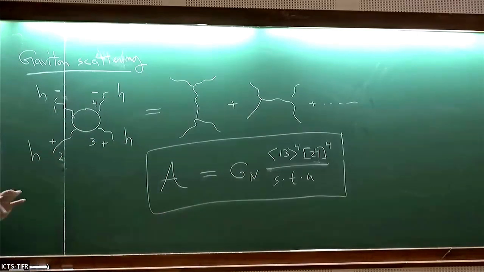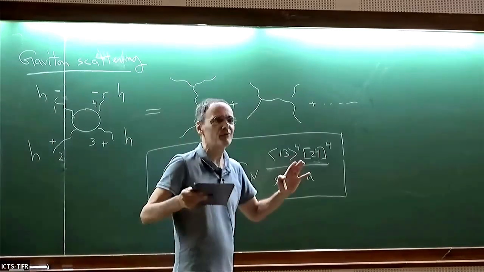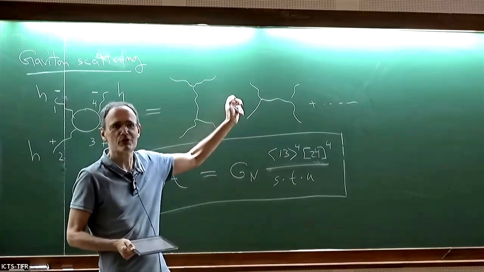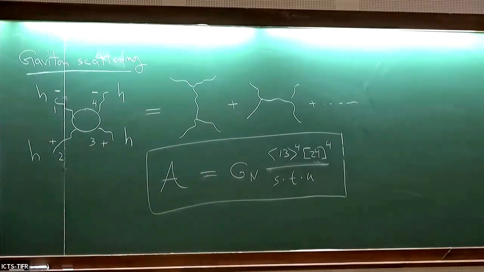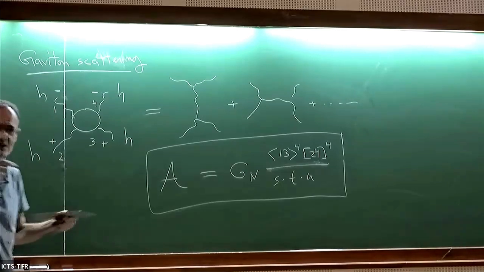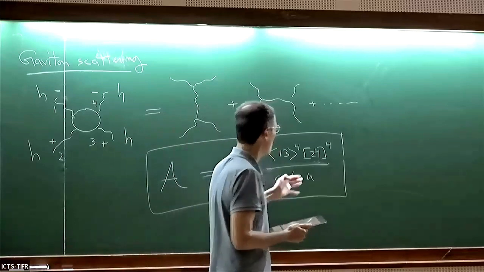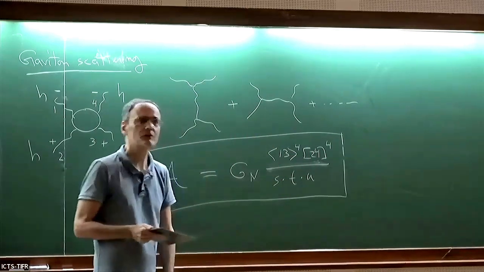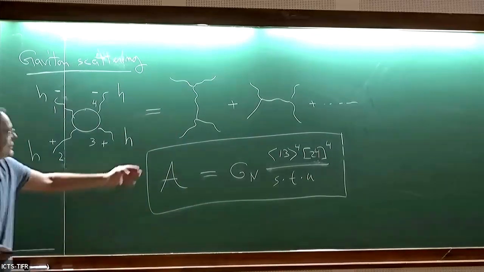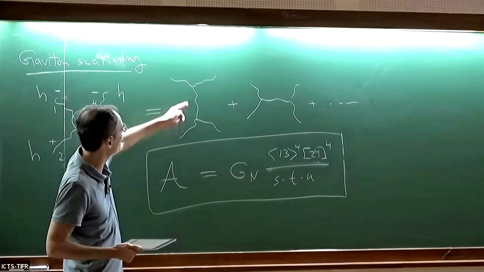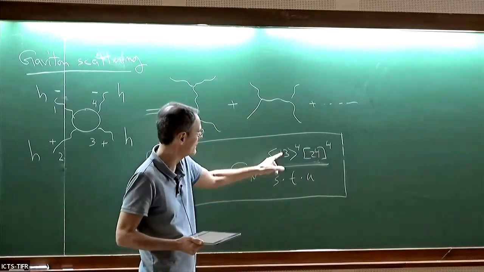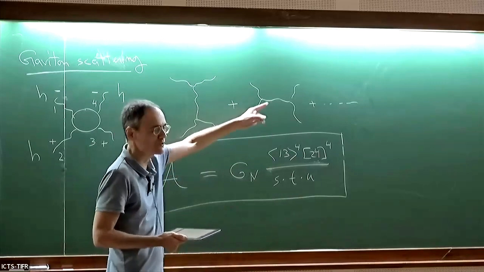The motivation for me is that it's a really nicely packed formula that is in fact very difficult to see from here. It was an amazing thing for the first people who realized that in gauge theories, after summing diagrams, they could pack it in a very simple term. It's not supposed to be so, because you have poles in the T channel, S channel, U channel, that you can also see here, related to exchange of particles.